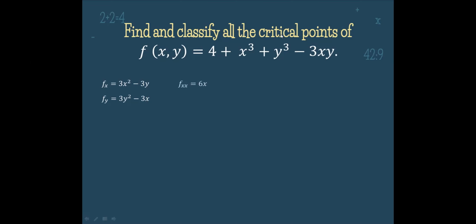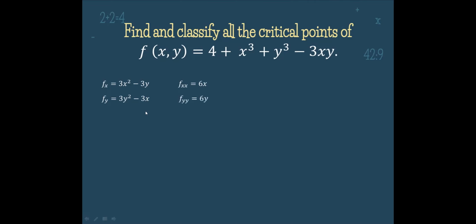And of course, after getting the first order partial derivatives of the function f with respect to x and y, we also have to find the second order partial derivative of f with respect to x. So from our 3x squared minus 3y, we have 3 times 2, that's 6, so 6x. And of course, for negative 3y, that means 0.